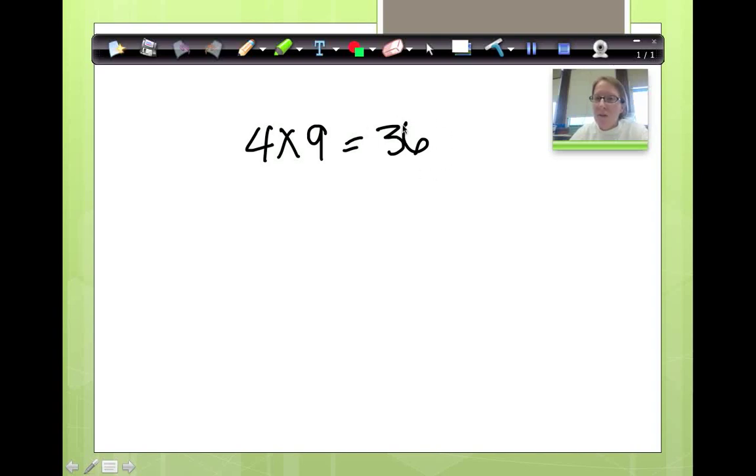Okay, now let's turn this into a division problem. Let's say we have 36 divided by 9. We need to be thinking, what times 9 makes 36? Well, 4 times 9 equals 36. So 36 divided by 9 is 4. It's very similar to subtraction.